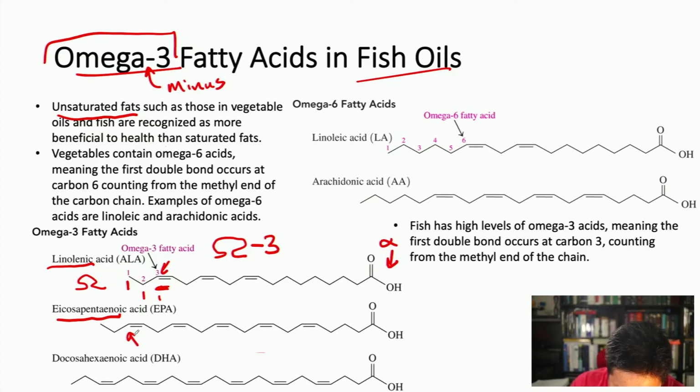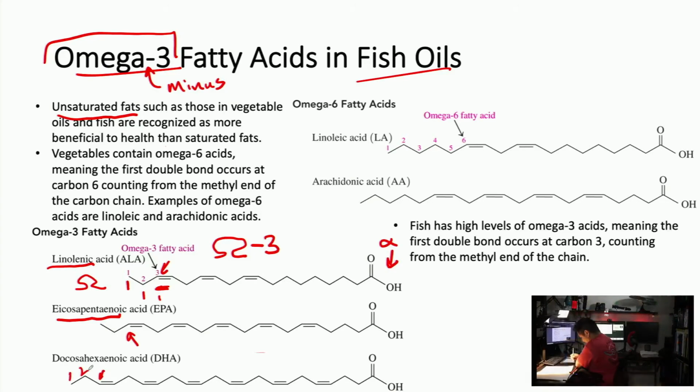And then we have docosahexaenoic acid, DHA, right? And it also has a double bond beginning there at the omega minus 1, 2, 3 carbon, right? And those are all omega minus 3 fatty acids.